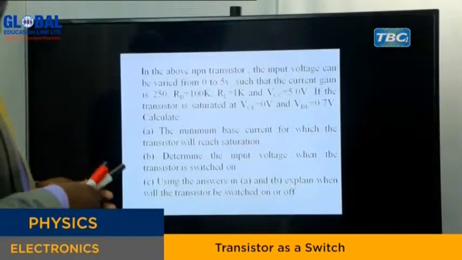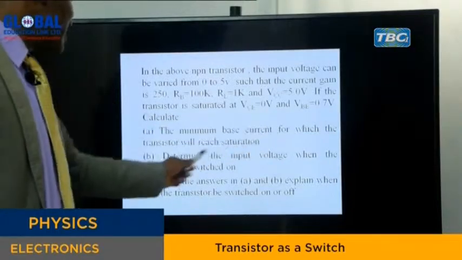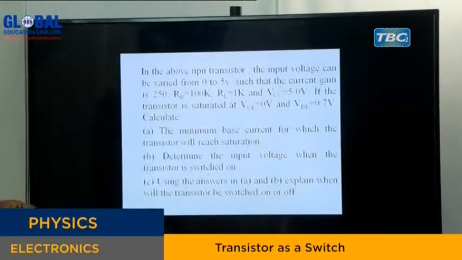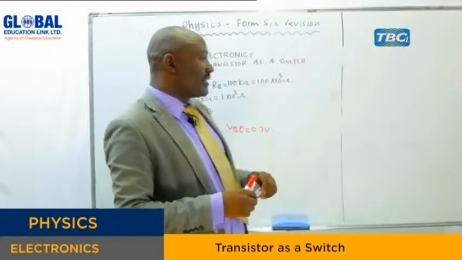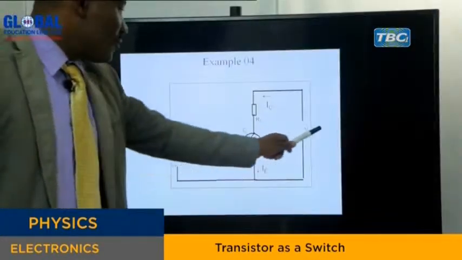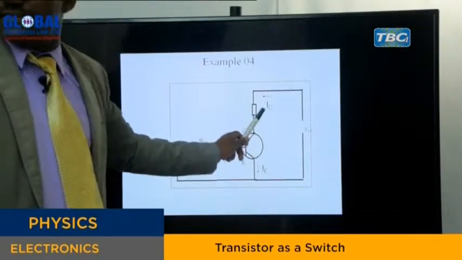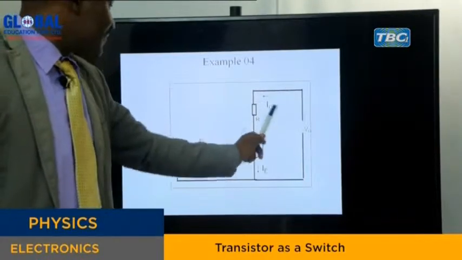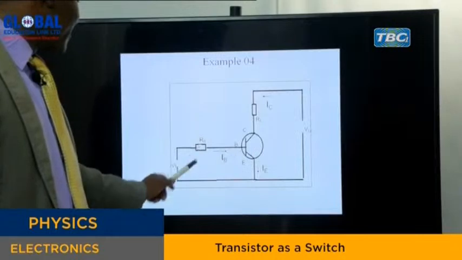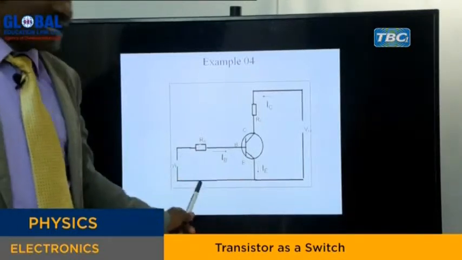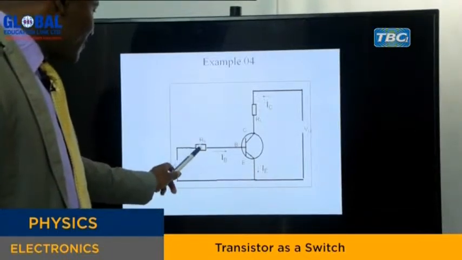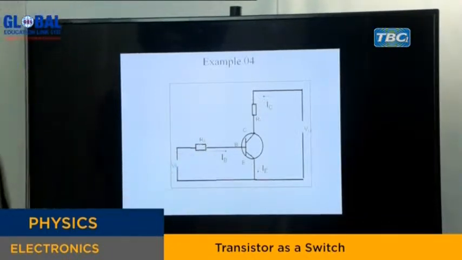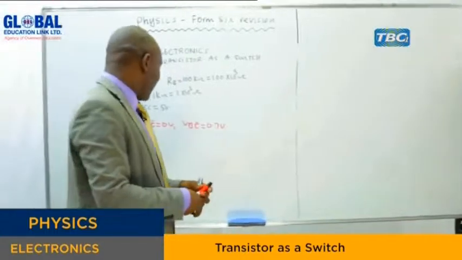We are required to find the minimum base current for which the transistor will reach saturation. We have been given this resistance and this input resistance, and the input is varying from 0 to 5. We are looking for these values when the transistor reaches saturation.